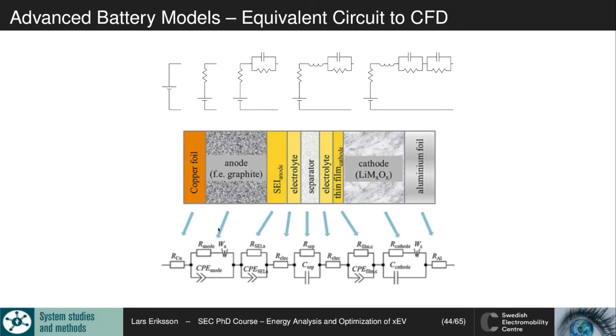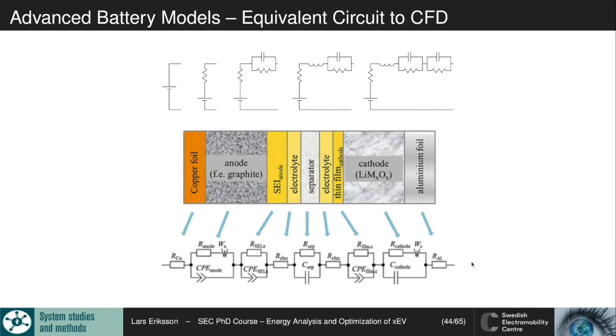So from the physics we can get approximations in the equivalent models, but we cannot do the other way around, that we get the electric equivalents from some experiments and then infer backwards to what it is. We need this coupling between the physics and this thing here to see what the effects really are a result from.